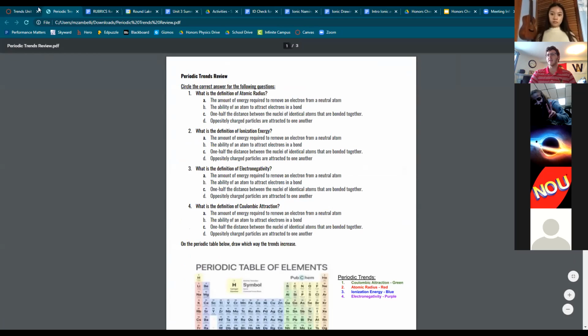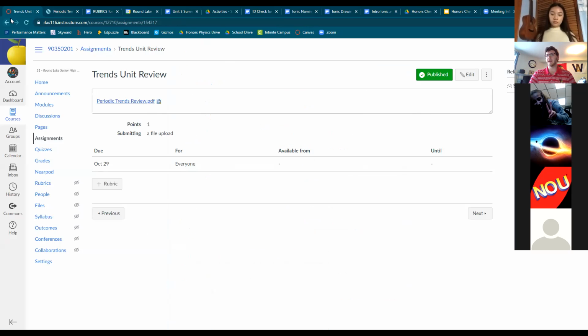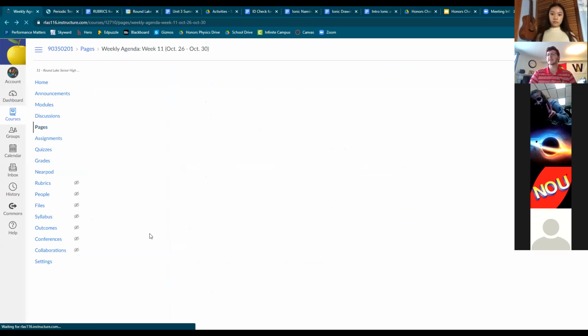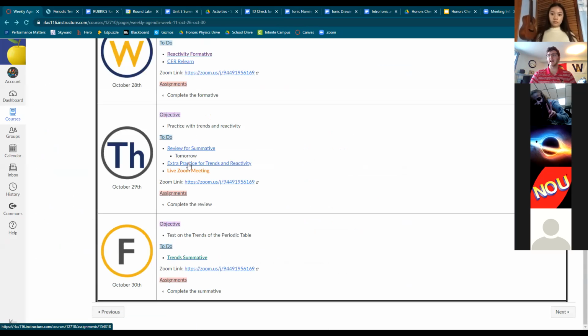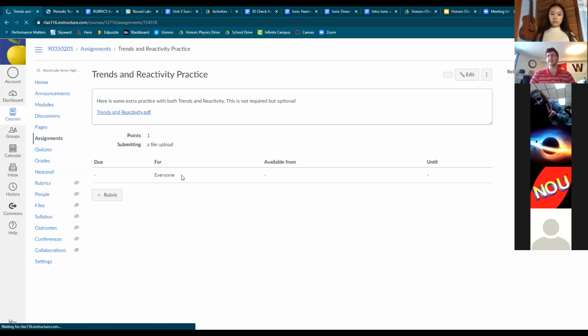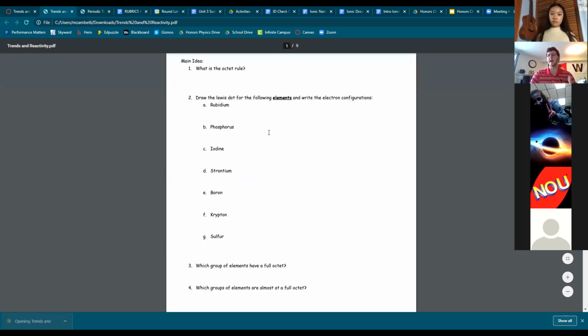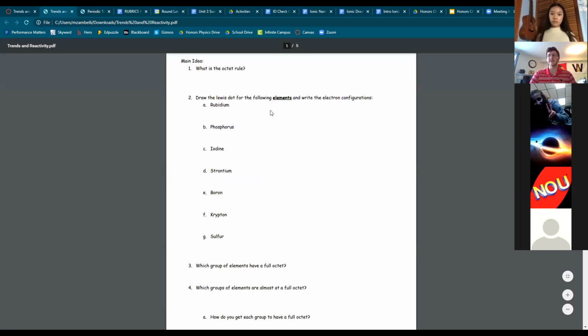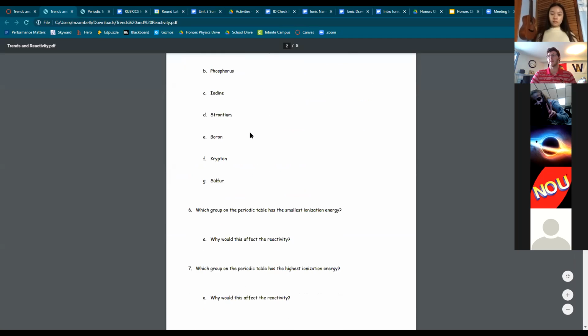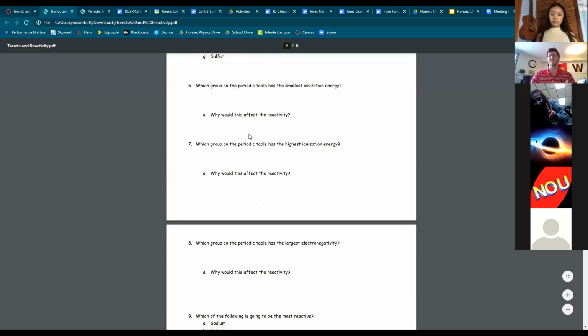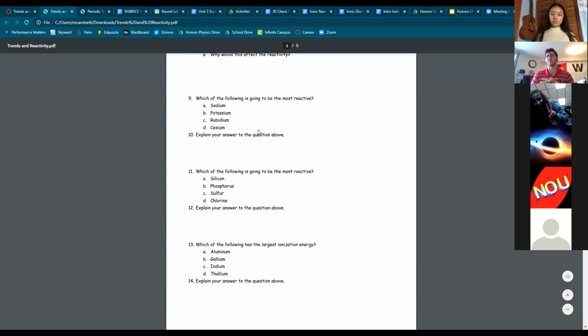And then the other worksheet that is on your Canvas page is another practice worksheet. It is not required by any means. It's just more practice. Does not ever have to be turned in, but there's another practice on Canvas that goes through, again, just electron configuration, Lewis dot structures, or octet rule, talking about reactivity and how reactivity and those trends are interacting with one another.